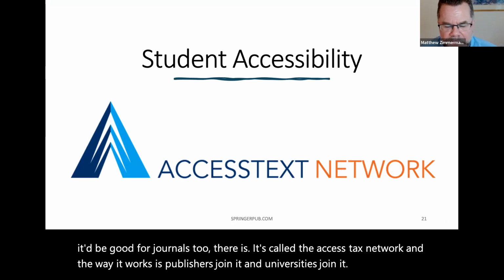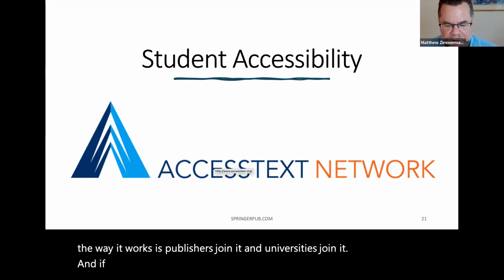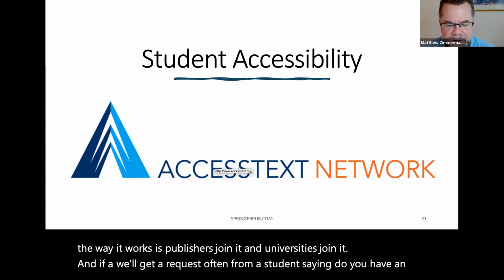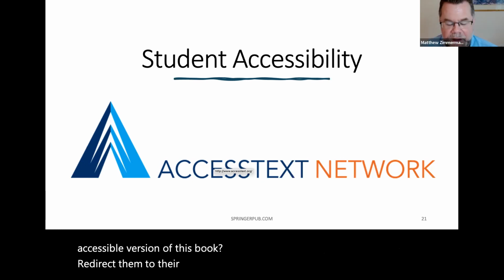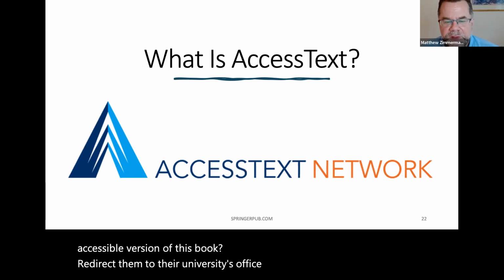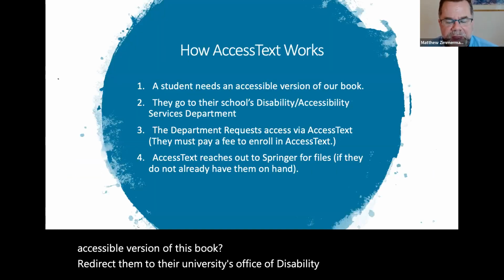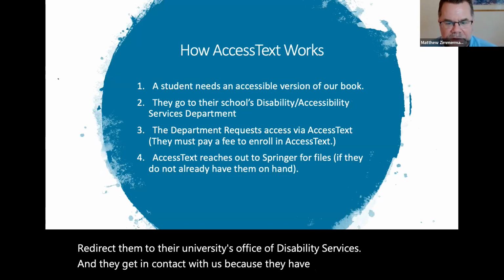We'll often get a request from a student saying, do you have an accessible version of this book? We direct them to their university's Office of Disability Services, and they get in contact with us because they have to verify, yes, the student has this disability.